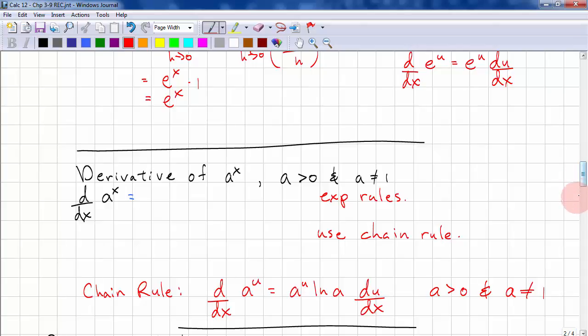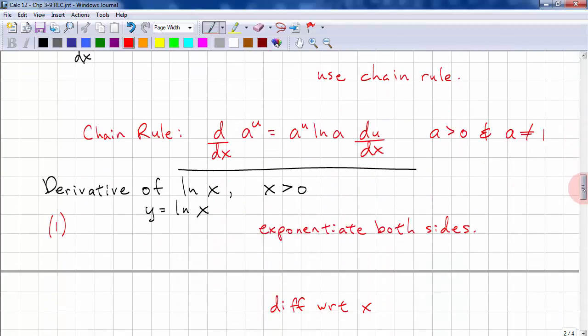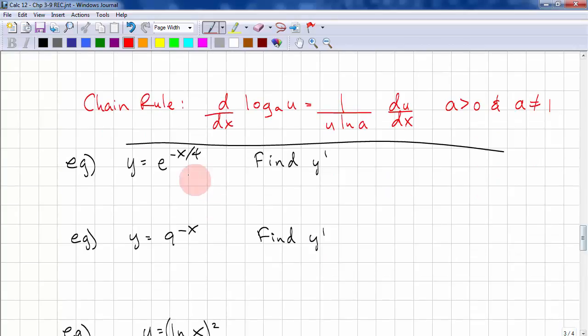Let's take a look at an example before we go through the rest of the proofs. On page 3, we have y equals e to the power of negative x over 4. Find the derivative. Y prime, well, the derivative is e to the u. Now we need to multiply this by d dx of the exponent, negative x over 4.